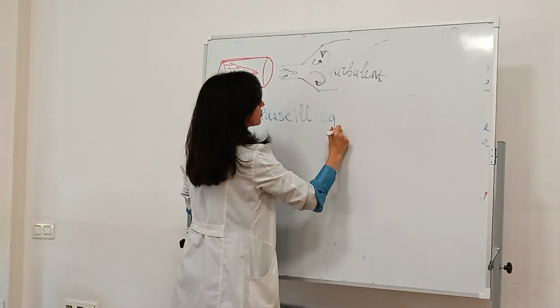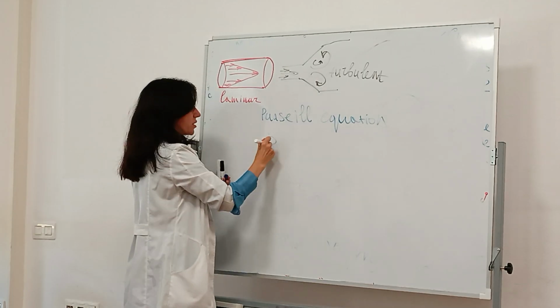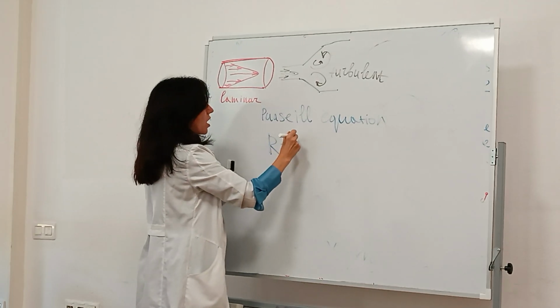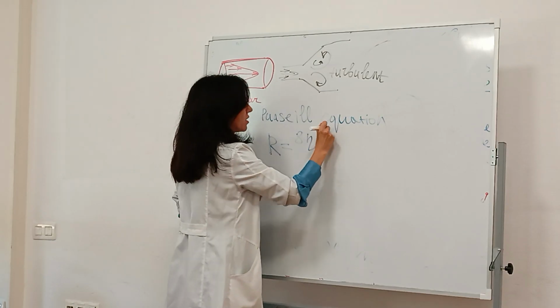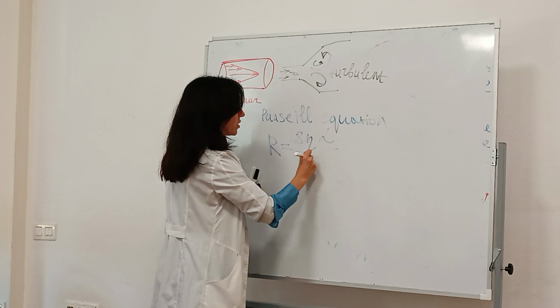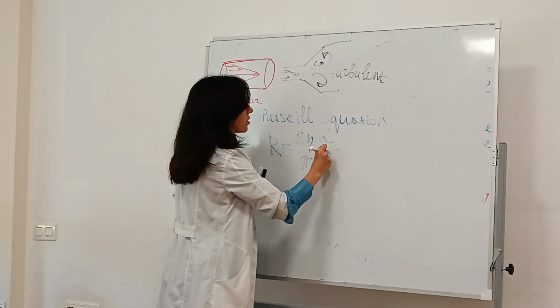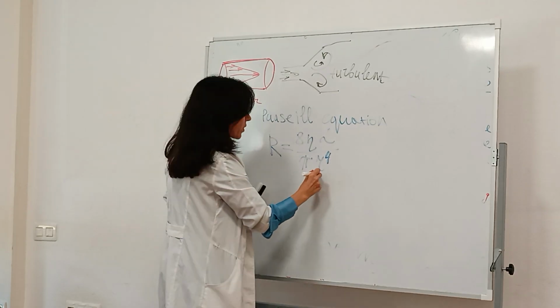Equation: resistance equals 8 times viscosity times L, the length of the blood vessel, divided by pi R to the 4th degree. It's very important. R is the radius.